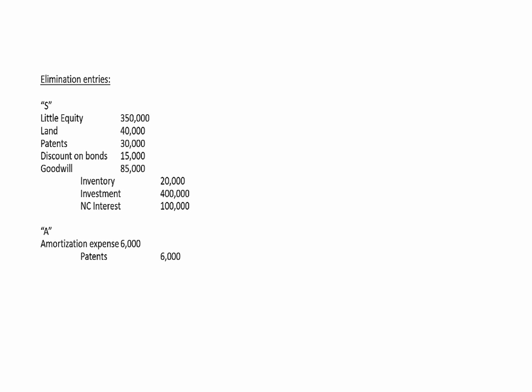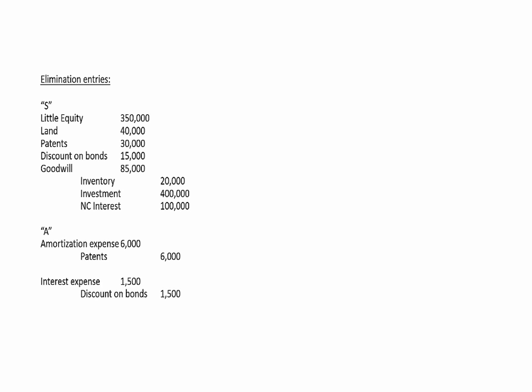Again, $30,000 over 5 years, $6,000 per year amortization. Likewise with the discount on bonds. We have a $15,000 discount on bonds being amortized over 10 years, $1,500 per year, and as we all know, amortizing a discount increases your interest expense.